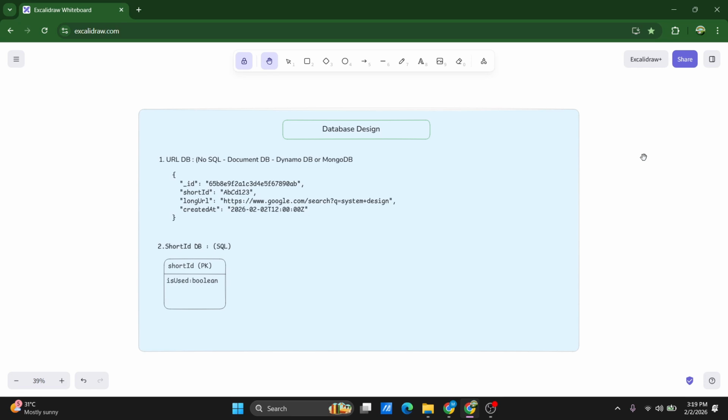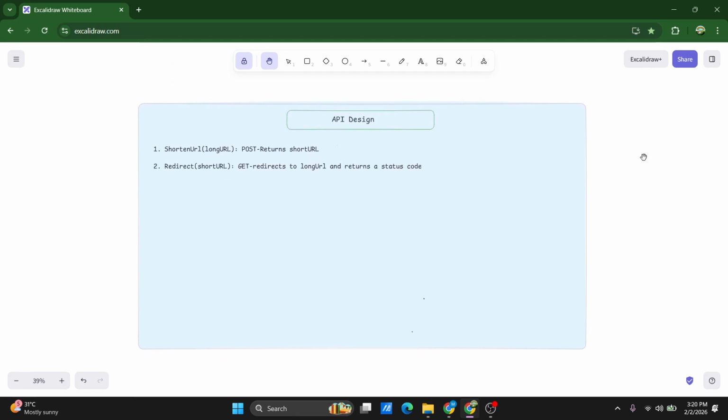So what we do is we take a separate SQL database, we store all the short IDs generated by the short ID server in that SQL database, and we will see whether that particular short ID is already used or not. So the short ID database contains the short ID and is_used. If it is not used, we can use the short URL.